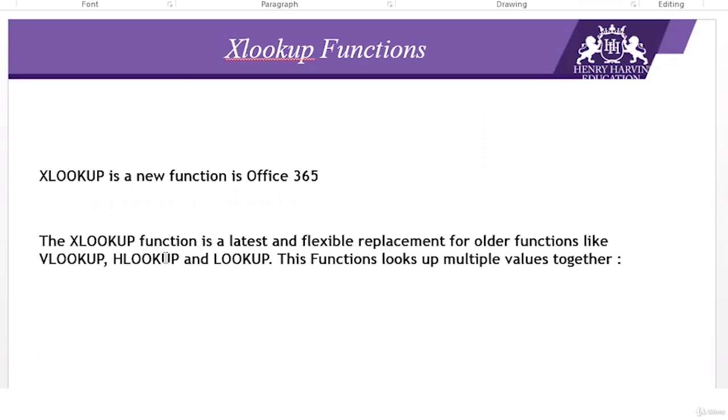Guys, we have two versions available in the market, the standard version and the Office 365 version. So guys, this function is the replacement of VLOOKUP, HLOOKUP, and LOOKUP functions. This function looks up multiple values together.